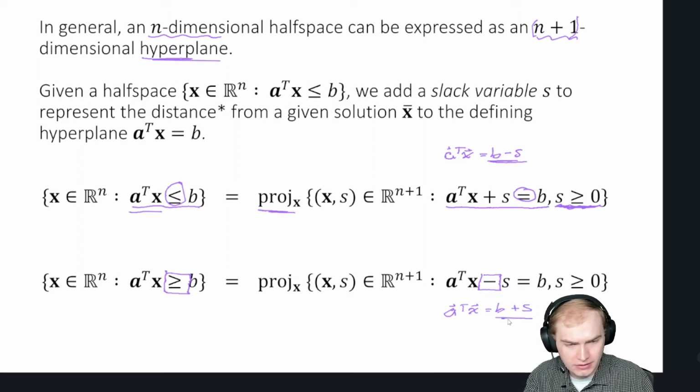We can increase the right-hand side of our equation to match whatever valid value A transpose x equals in our inequality, so that our left-hand side can be greater than or equal to b.